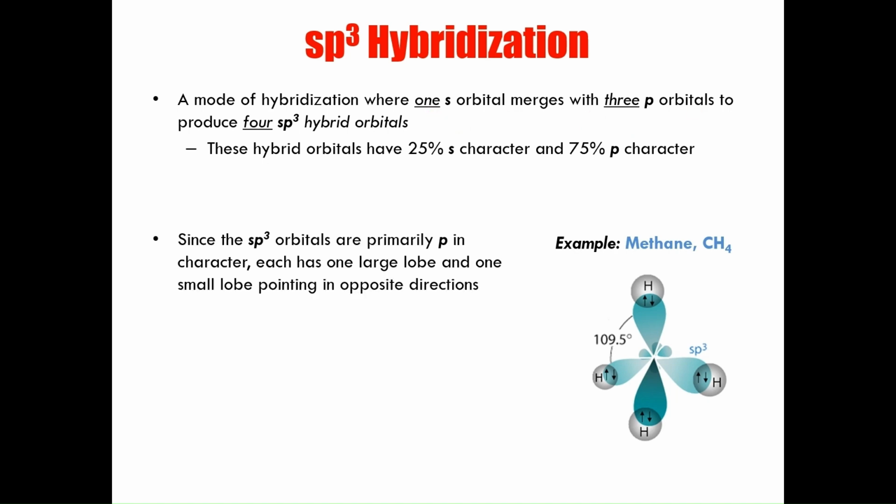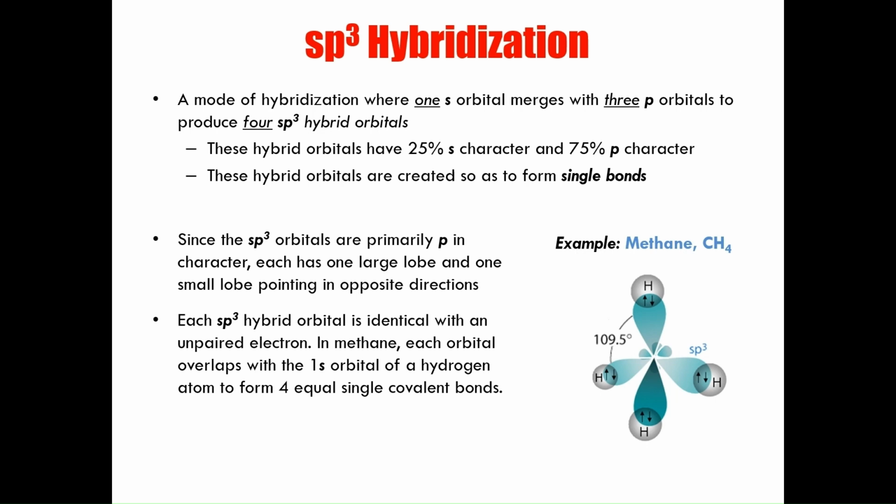Since the sp3 orbitals are primarily p in character, each of these orbitals has one large lobe and one small lobe pointing in the opposite direction. These hybrid orbitals are created so as to form single bonds.